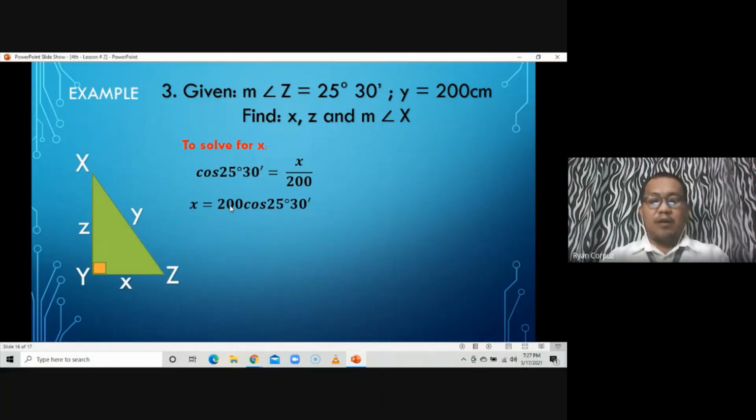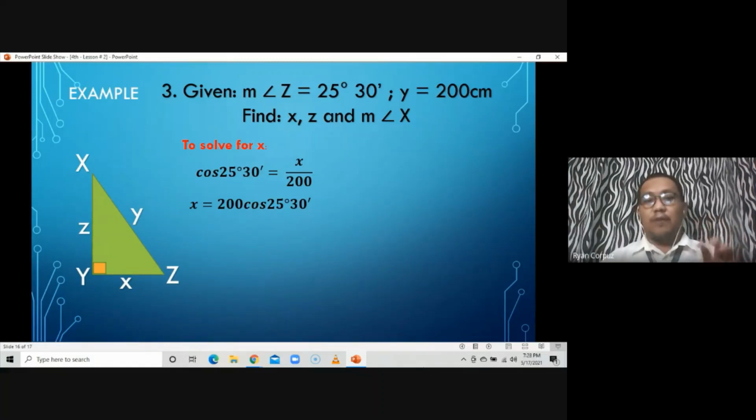Then just type that on a scientific calculator for you to find the value of x. Kung gusto mo to make it safe, just press 200, press times because we are multiplying them. Press times, then press cos, then press 25 DMS, 30 DMS.